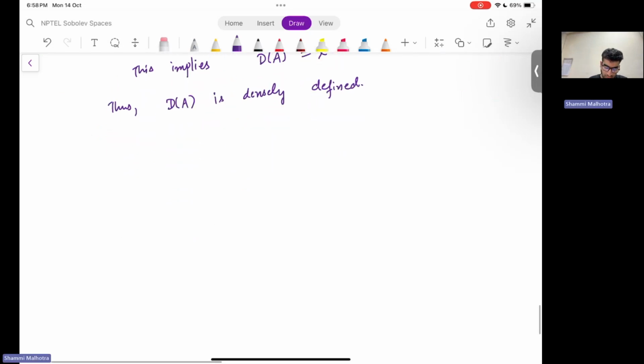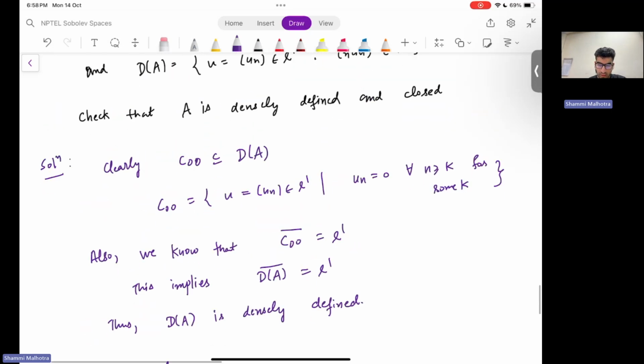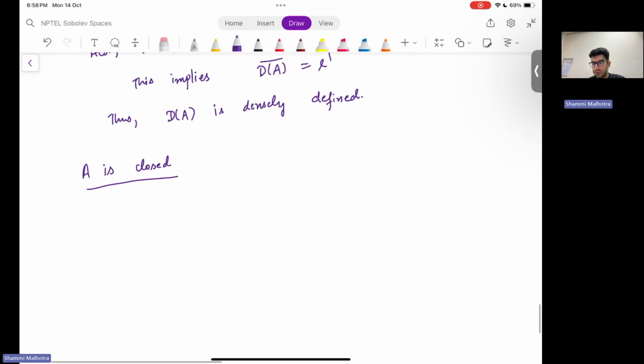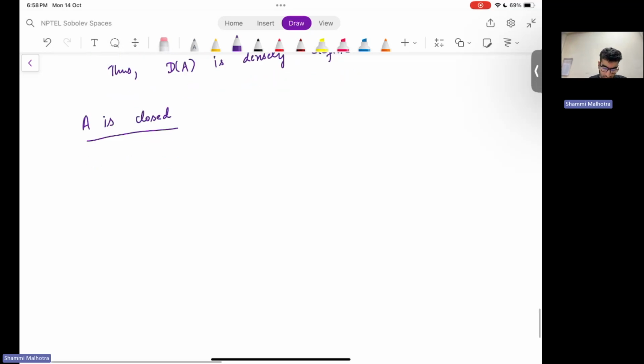Next we have to check is it closed. So how do we check this for an unbounded operator? This is an example of an unbounded operator. We have to check whether it is closed. How do you check an unbounded operator to be closed? We have to see its graph to be closed.